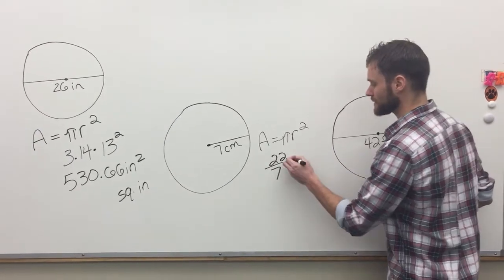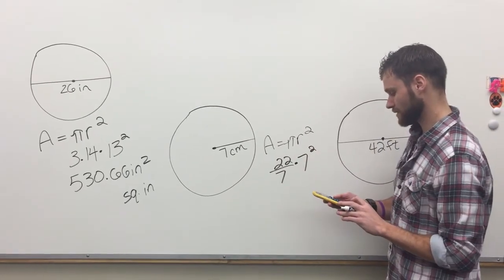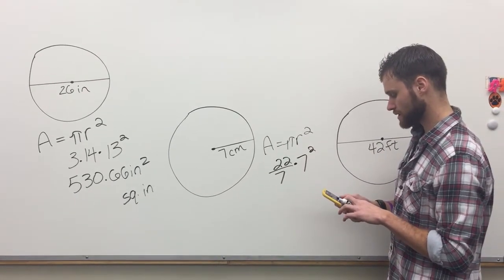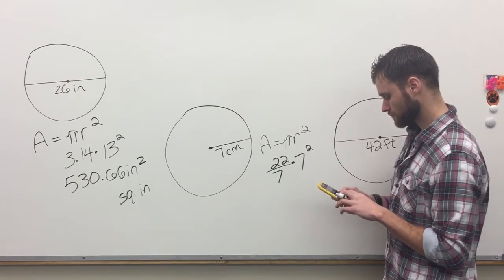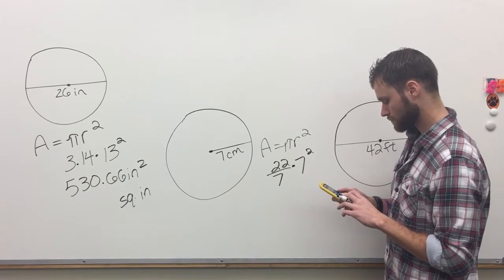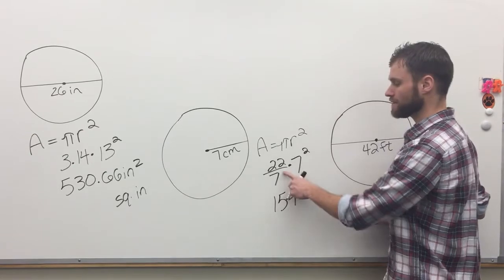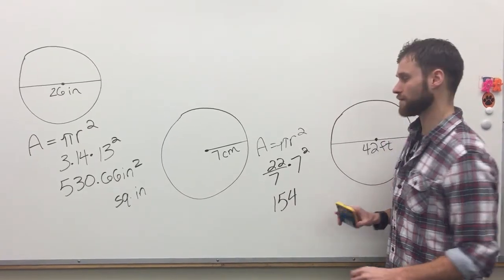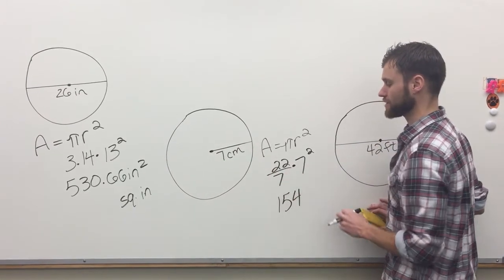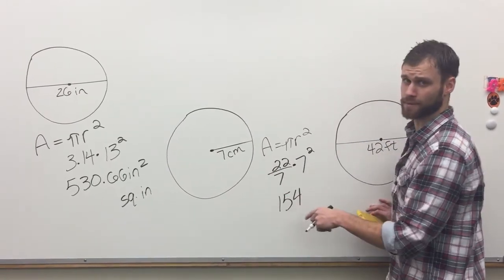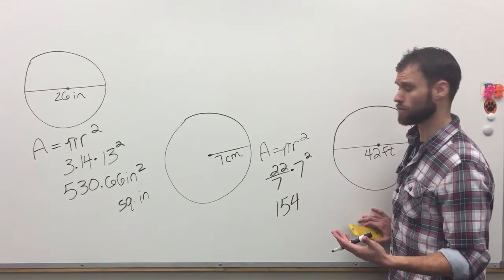So 22/7 times the radius, which is 7 squared, and that gets us exactly 154. The benefit of using 22/7 with a radius that is a multiple of 7 is that the denominator is going to cancel out with the 7, and you're therefore going to get a nice whole number for your answer.